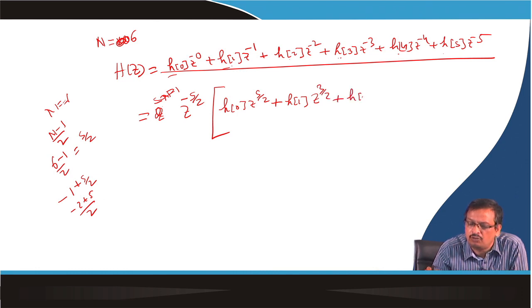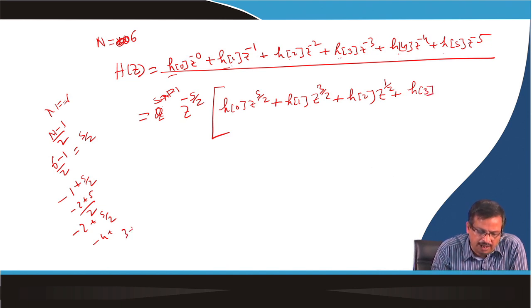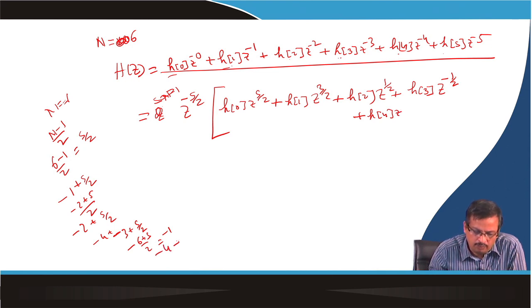Plus H2. So it is nothing but minus 2 plus 5 by 2, it is minus 4 plus 5, 1 by 2, z to the power 1 by 2 plus H3. So it is 3, so minus 3 plus 5 by 2. So it is nothing but minus 6 plus 5 divided by 2, which is minus 1 by 2, z to the power minus half, plus H4 into z to the power minus 4 plus 5 by 2.